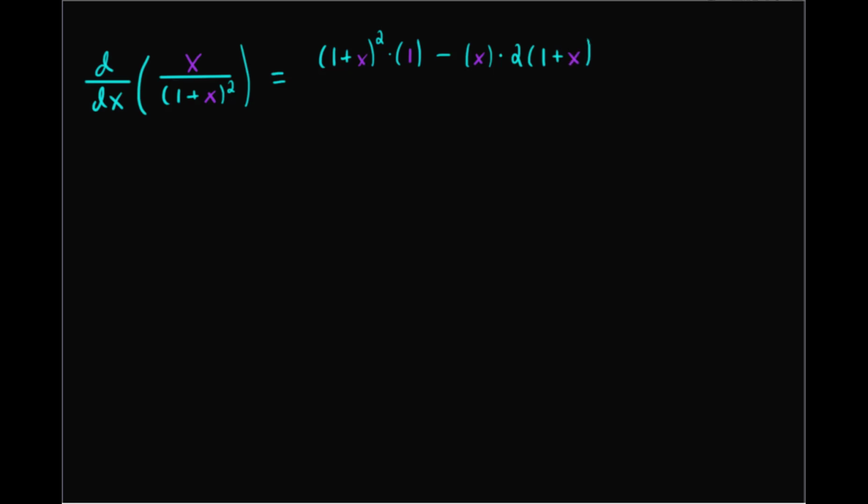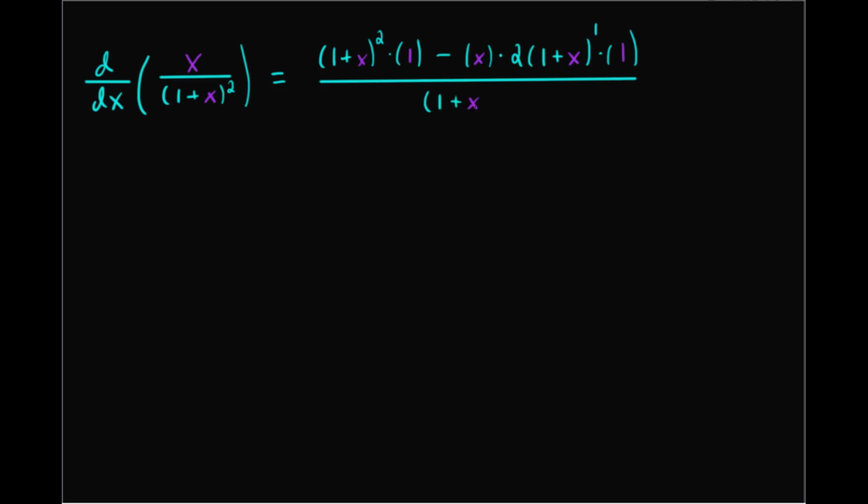Well, I'll do the left-hand side first on its own page. We have d dx of the function x over the quantity 1 plus x squared equals. So, applying the quotient rule, this derivative equals the denominator, 1 plus x quantity squared, times the derivative of the numerator, which is just 1, minus the numerator x times the derivative of the denominator, which is 2 times the quantity 1 plus x raised to the first power times 1, all over the denominator squared.